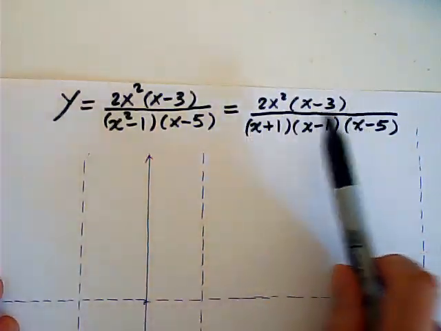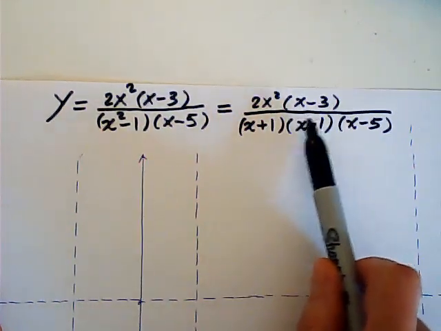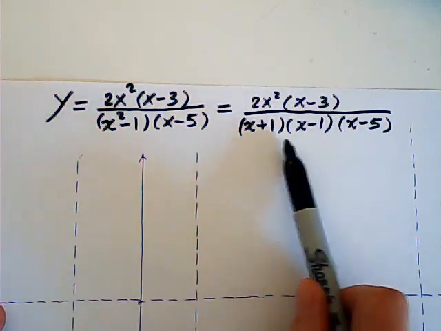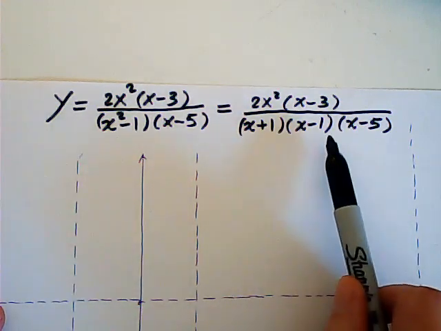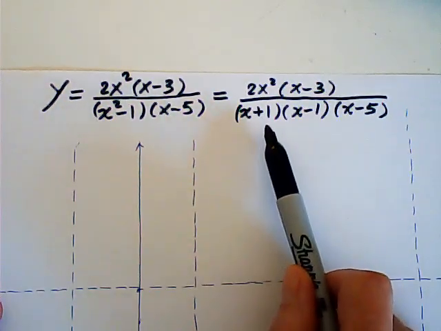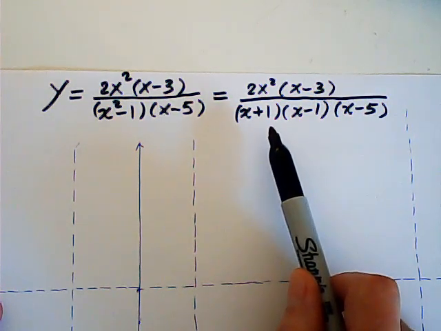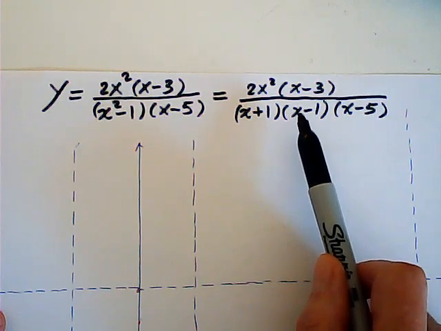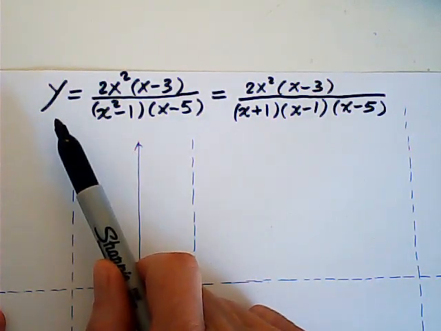Now, since the highest power is x cubed, and the denominator is also x cubed, but the leading term is 2 on the numerator and 1 on the denominator, when x approaches infinity, the function approaches 2.